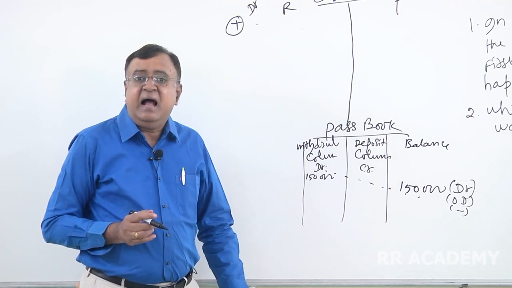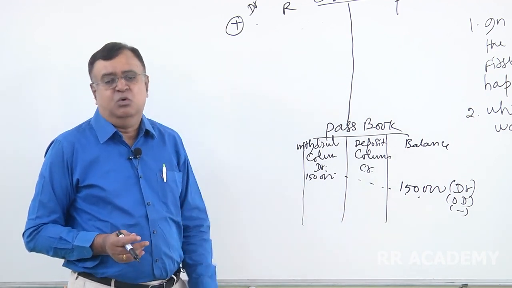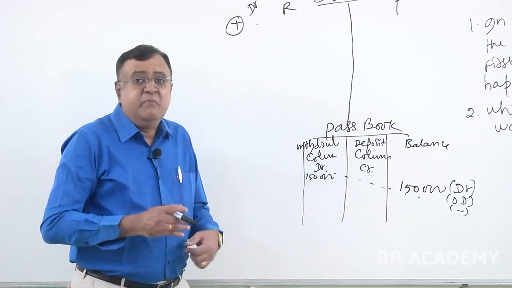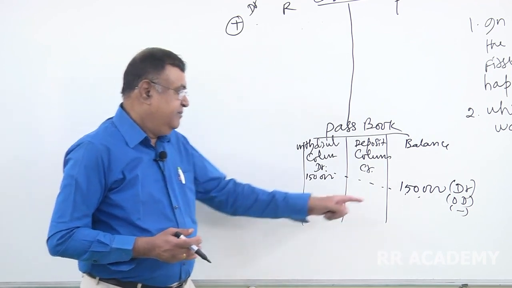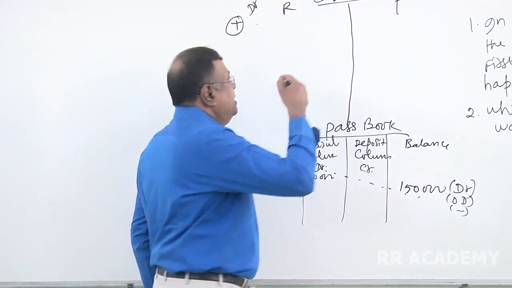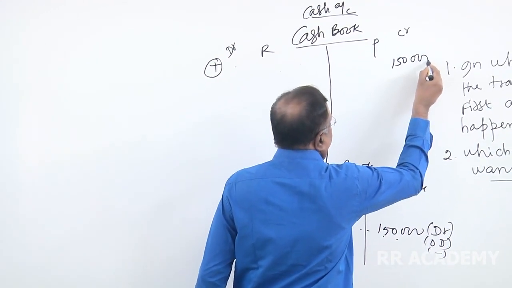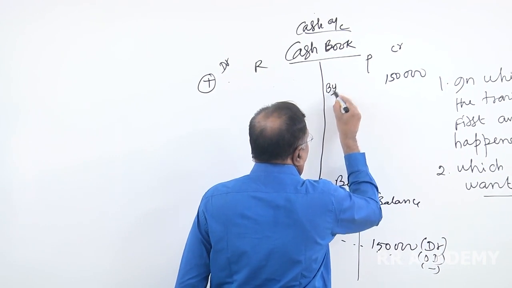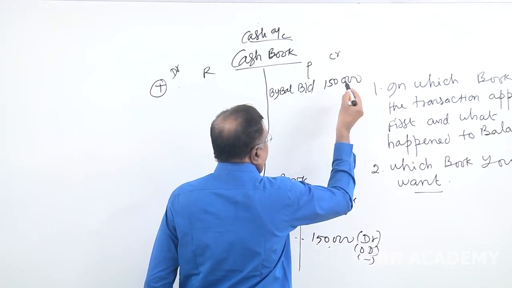This appears as overdraft balance, withdrawals more. Yes, that means I have to pay 1,50,000 to bank. When 1,50,000 is overdraft in the passbook, this will be written here, 1,50,000. So here, by balance brought down.